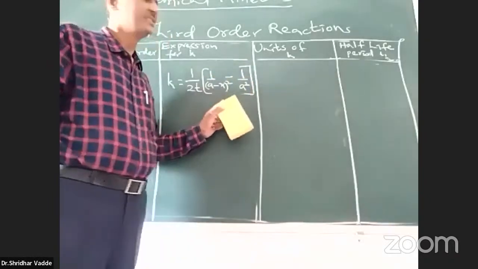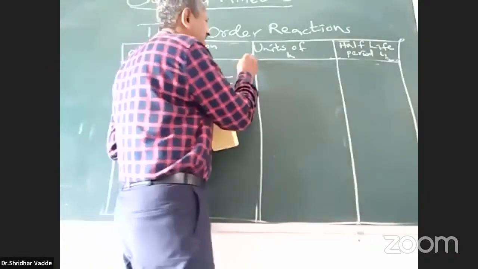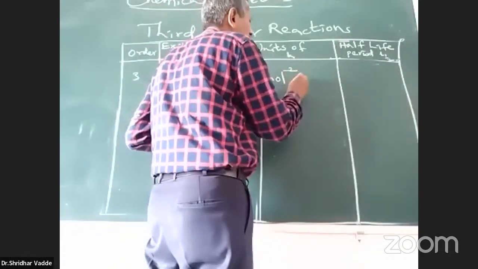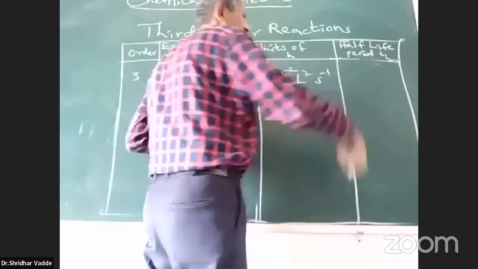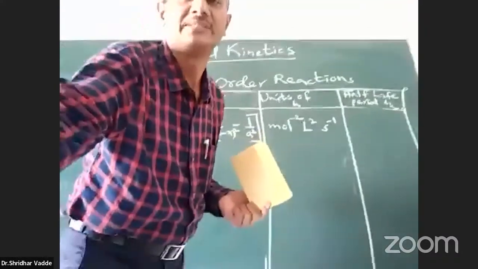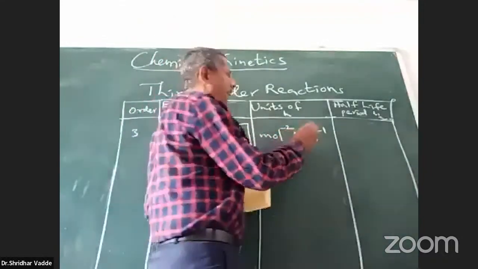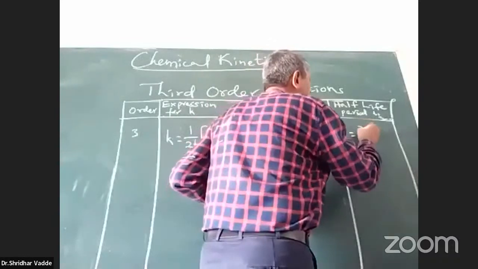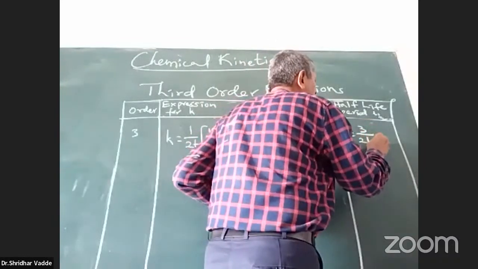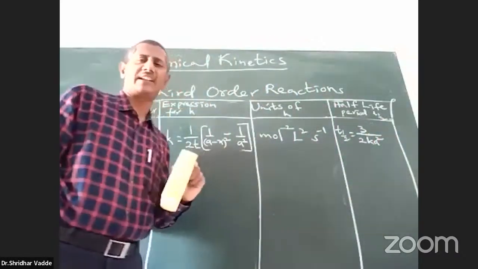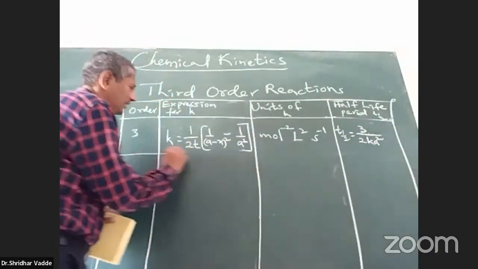This is about it, and what are the units here? Mole inverse liter square second inverse. And what is the half-life? T half is equal to 3 by 2 Ka square. This is about third order.